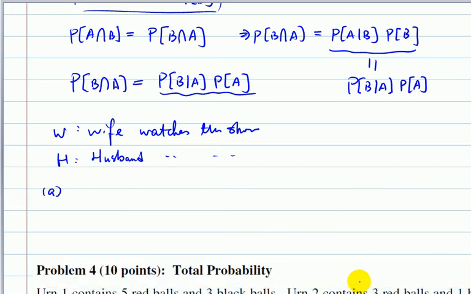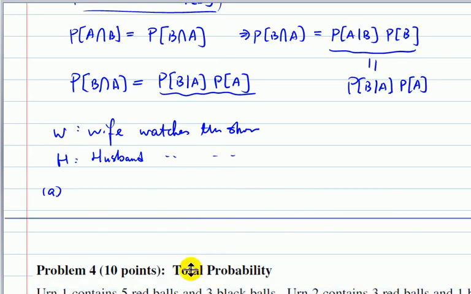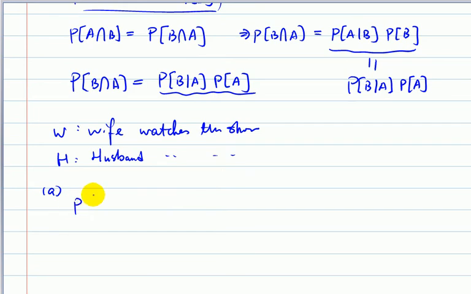The probability you're looking for is P(H and W), or P(W and H). Either way is fine.